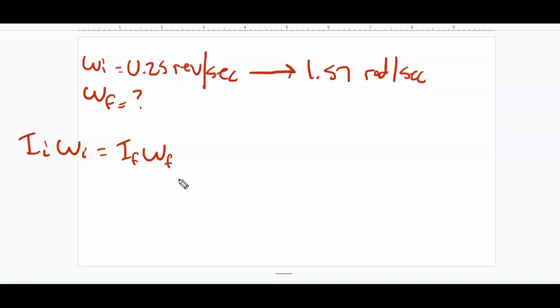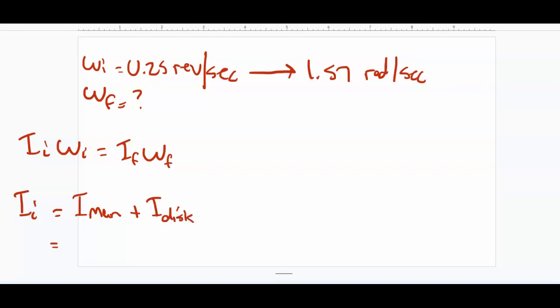Basically, it's going to spin faster or slower if the moment of inertia changes. In this case, the initial moment of inertia, we have the disk and we have the man, so it is just the moment of inertia for the man plus the moment of inertia for the disk.